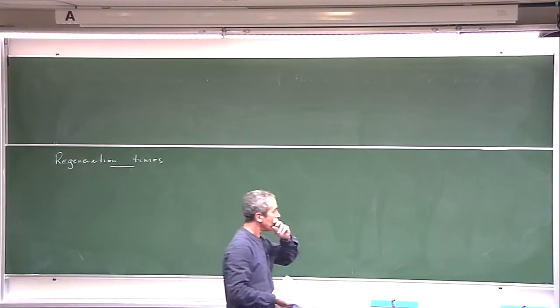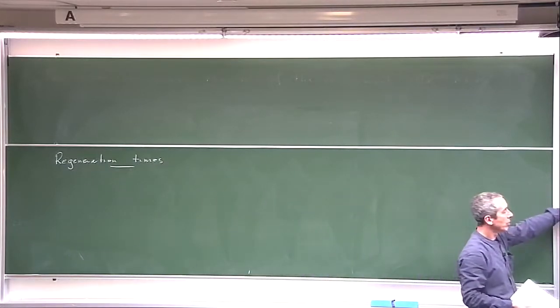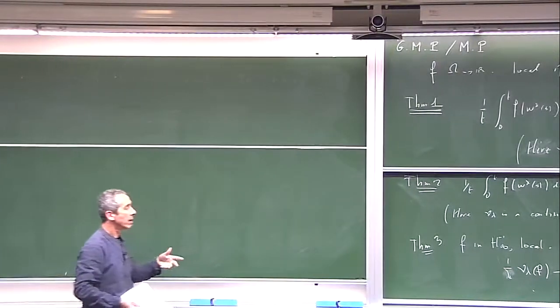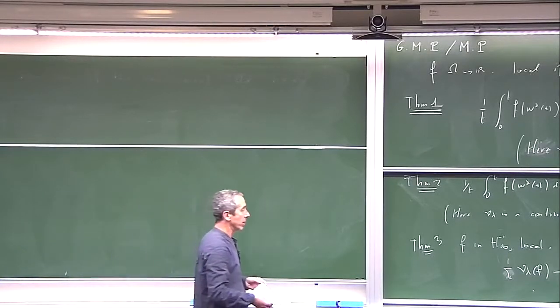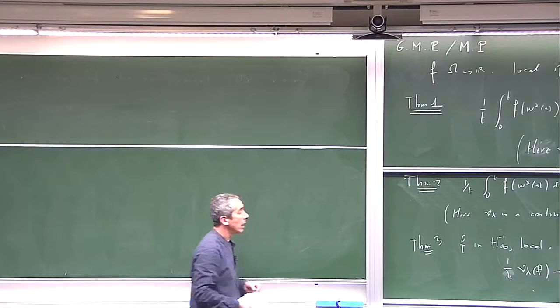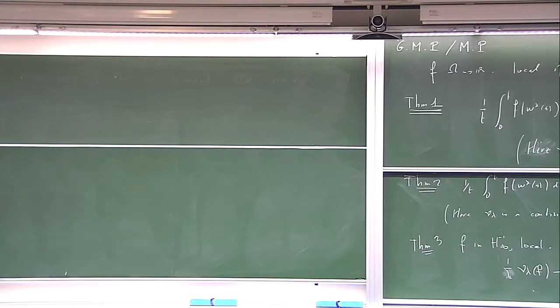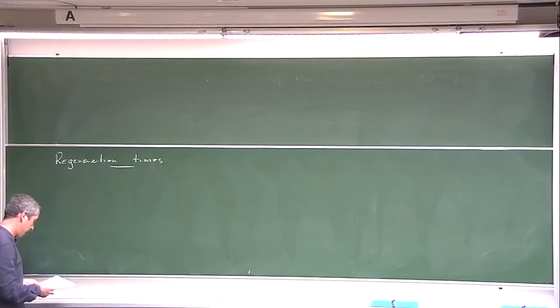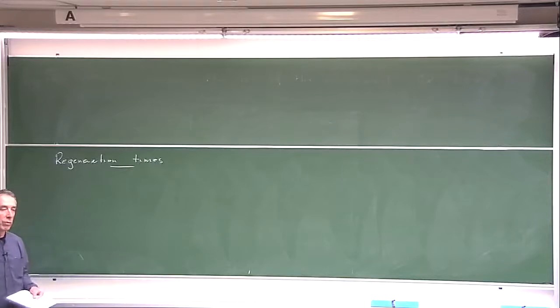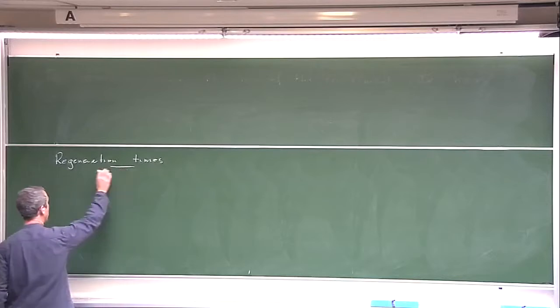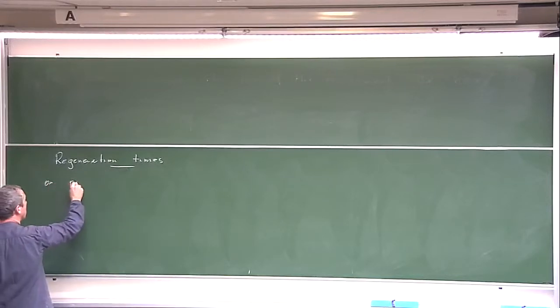So in particular, theorem 1 and theorem 2 follow from the existence and some a priori bounds on the regeneration times and the law of large numbers for i.i.d. random variables. So what are regeneration times? First, maybe I should say, in order to construct regeneration times, we have to move to the path space. So we construct regeneration times on path space.